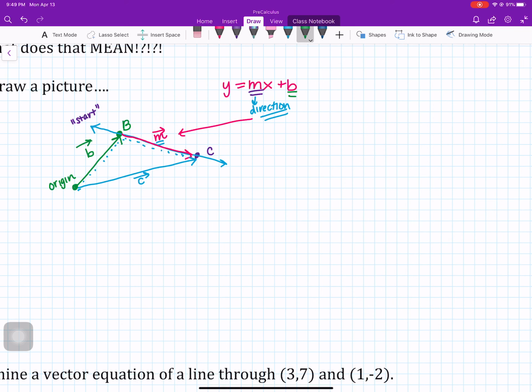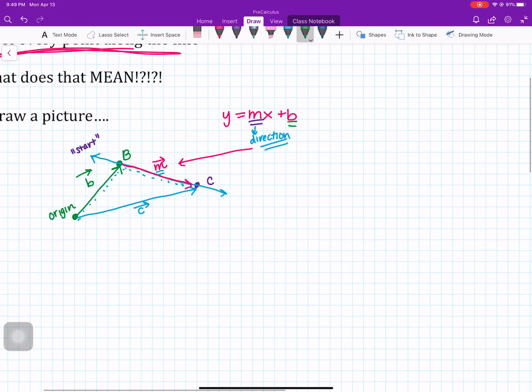So if I were to make M a little bit bigger, maybe by using a scalar, I could end up down here. Or I could make it smaller, and I could end up right here, or I could even make it negative and I could end up back behind B, okay?